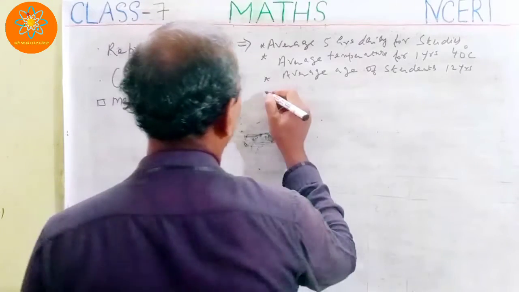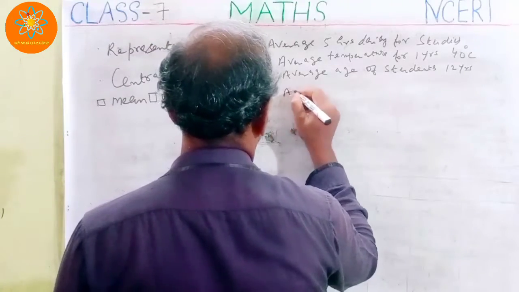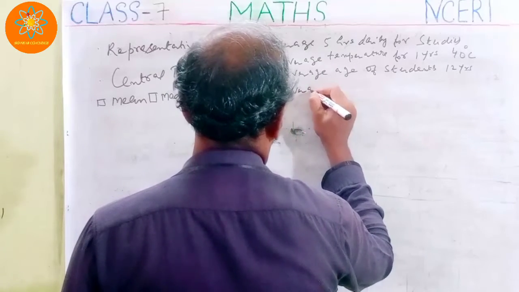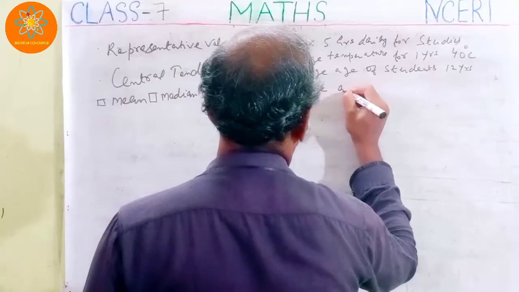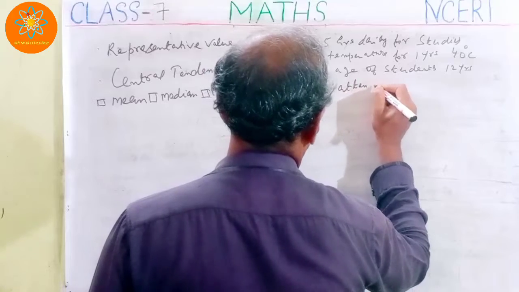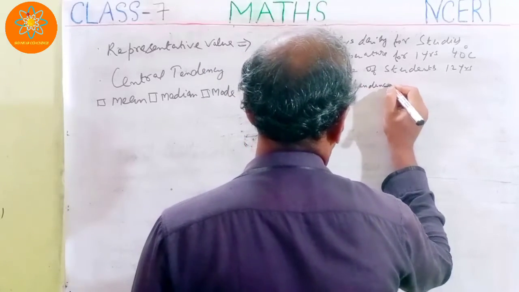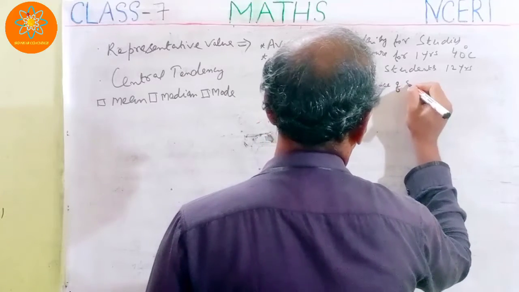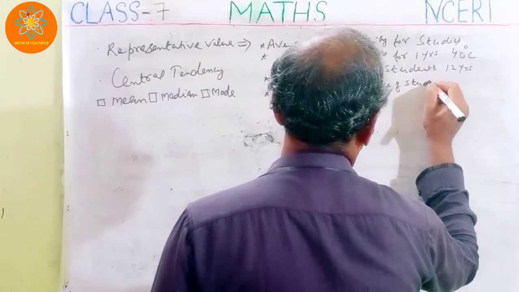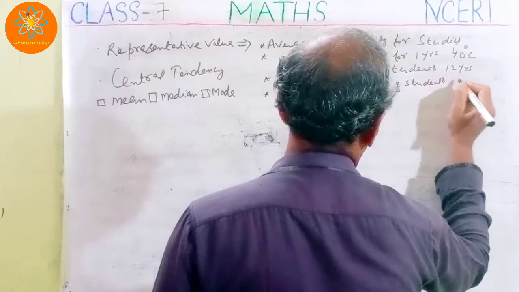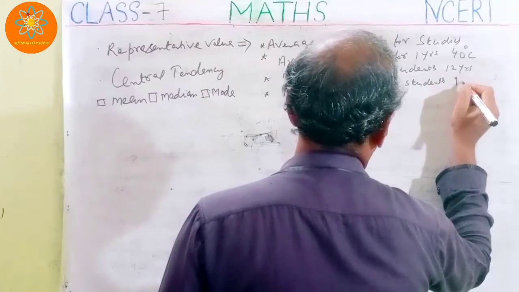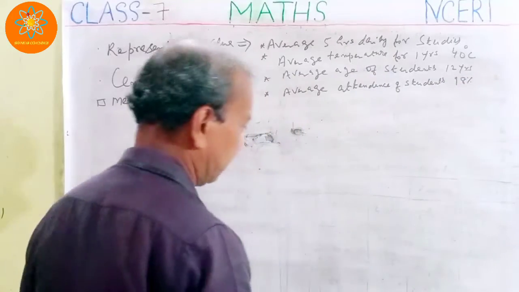Now next one is average attendance of students, that is 98%.